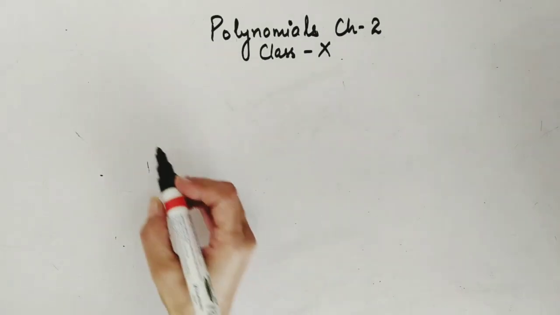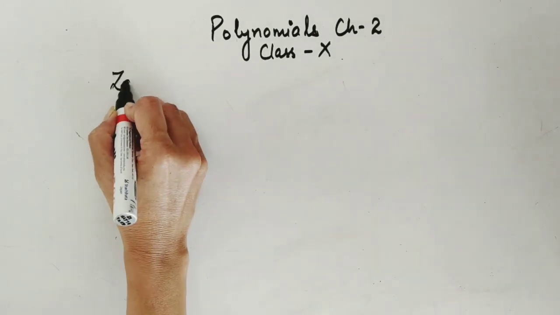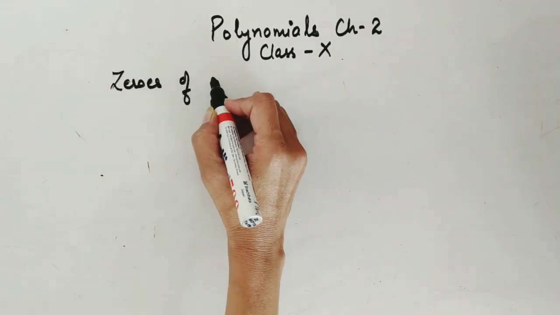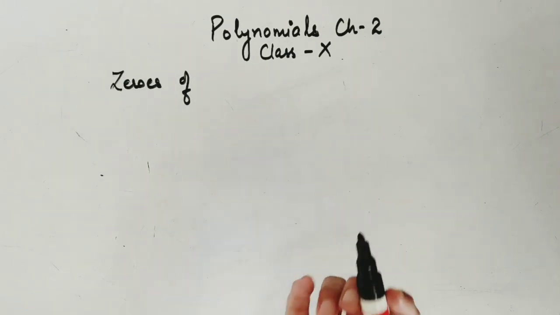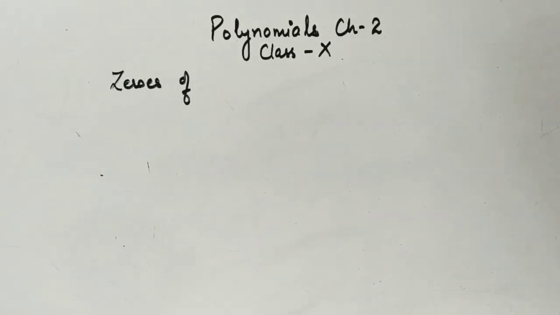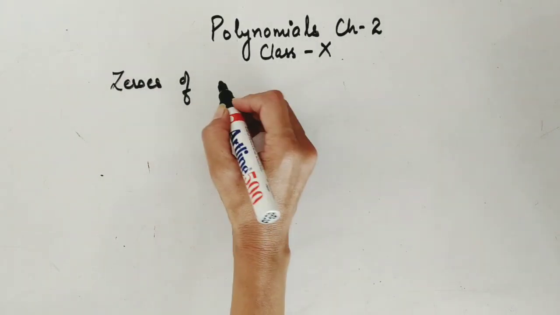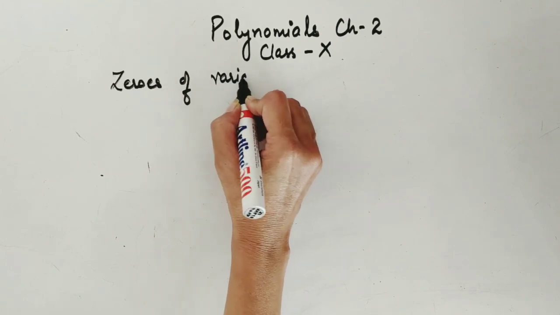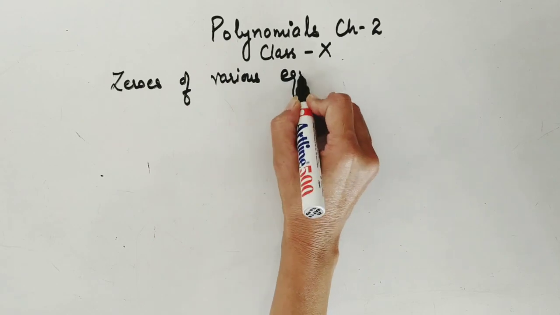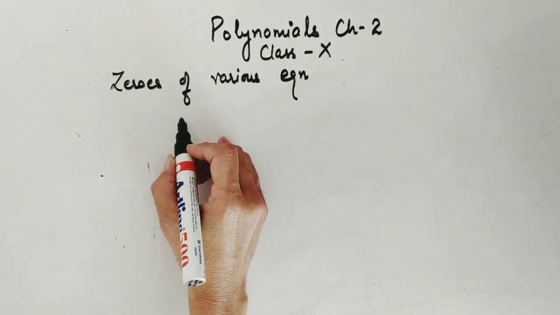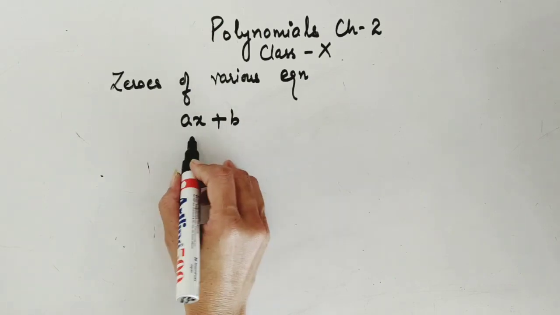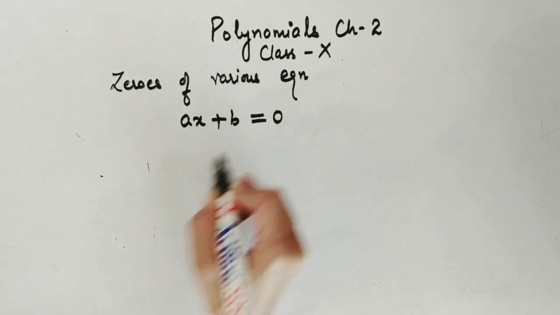Now we would be discussing how we find zeros of any polynomial. The basic focus would be on quadratic polynomials, but before that, let's look at zeros for various equations. Remember, if we had a linear polynomial in the form ax plus b, to find zeros we used to equate it to 0.